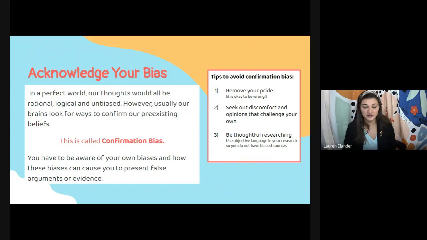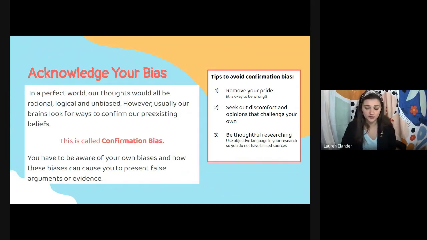Confirmation bias is when I have an opinion and I only pull information that supports it instead of finding information that goes against it. When you're aware of the opinion you're coming into the research or writing with, it can help you look for things that go against it and lean into things that are challenging to you instead of going looking for the opposite.